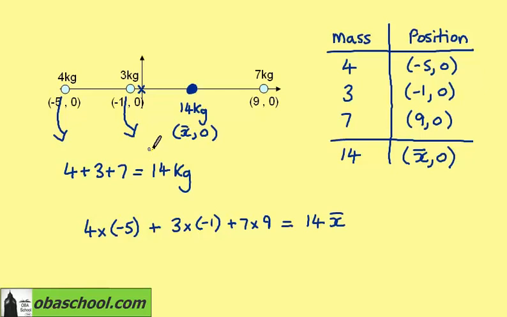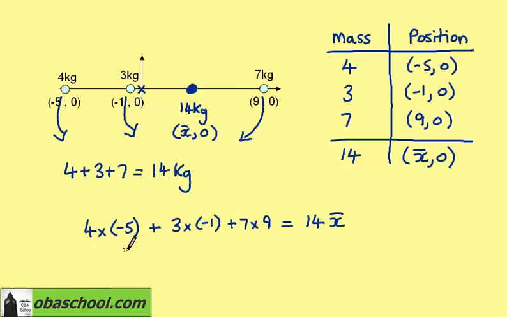The 7 times 9, however, is on the other side of the pivot, and this is going to turn us clockwise. So the negative ones are turning us anti-clockwise, and the positive one is turning us clockwise in this question.